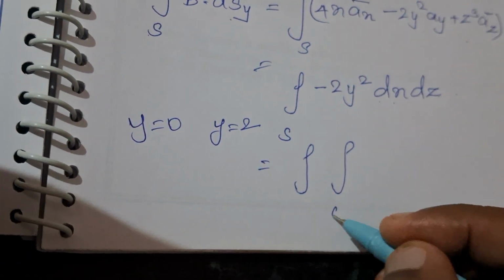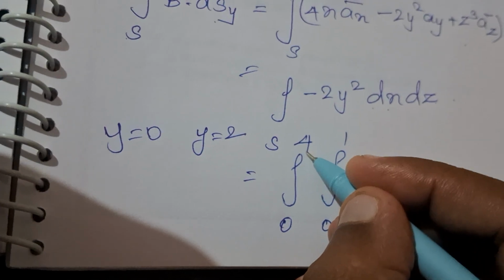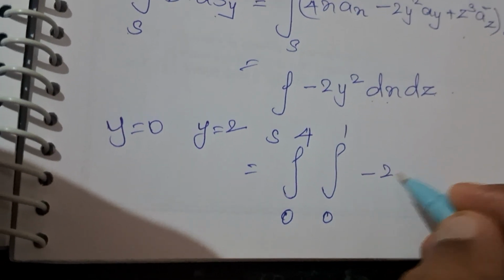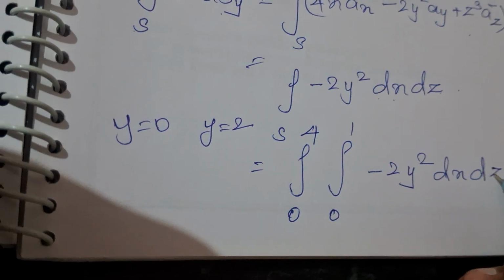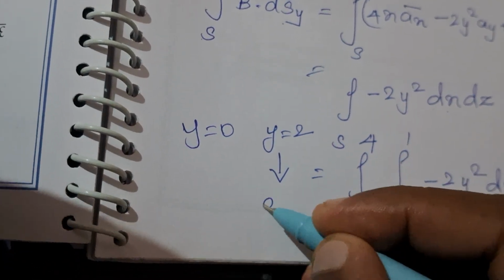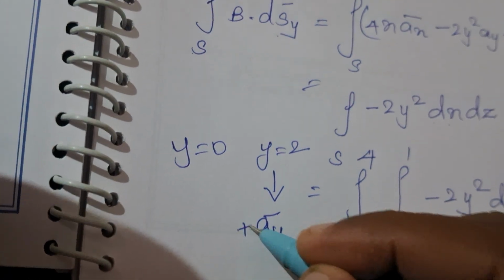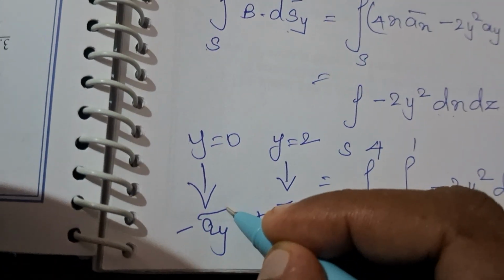The x limit is 0 to 1, z limit is 0 to 4. Minus 2y square dx dz. As I already told, y equal to 2 gives plus ay, y equal to 0 gives minus ay.